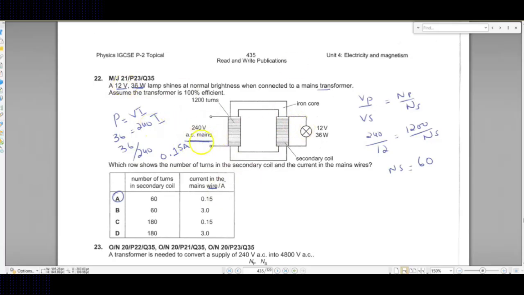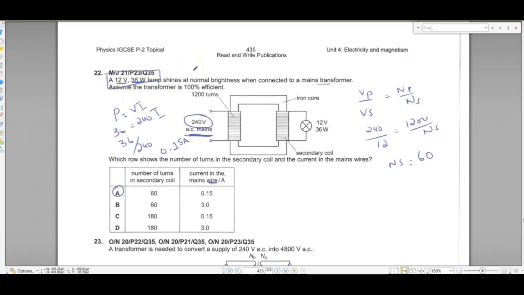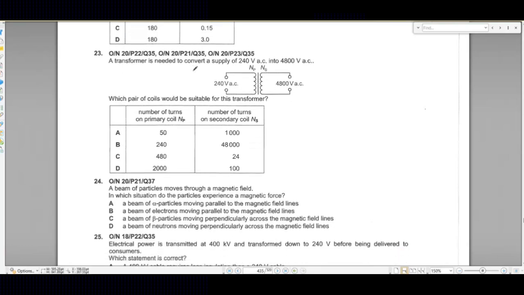They've asked you for the current in the mains wire, so the mains wire will utilize the voltage in the primary coil. Okay, don't make this mistake. Children tend to make this mistake and then lose marks. Okay, read the question carefully. It doesn't mean that if these two entities are written close to each other, they are going to be used together.